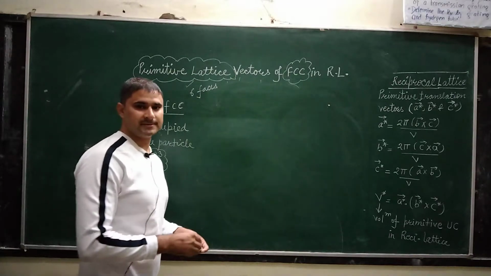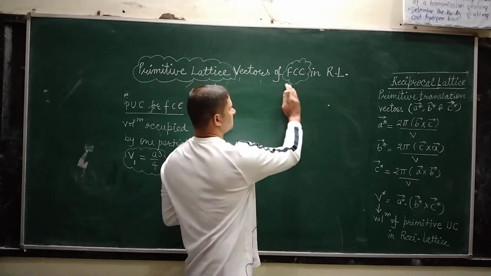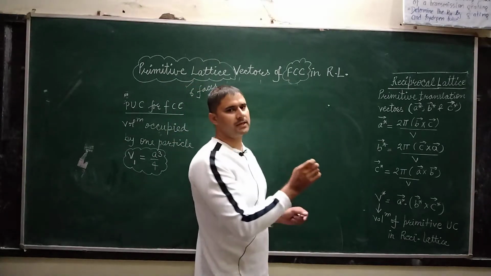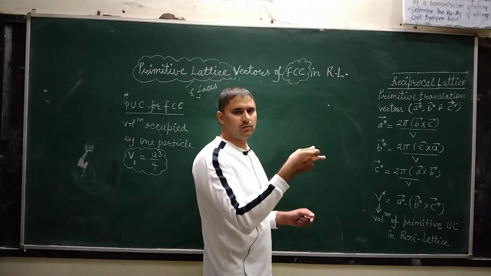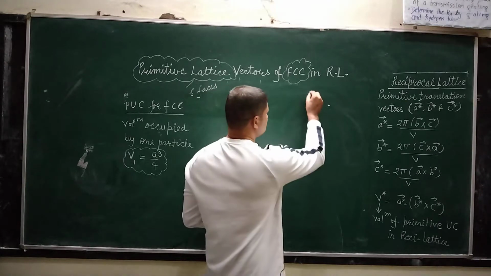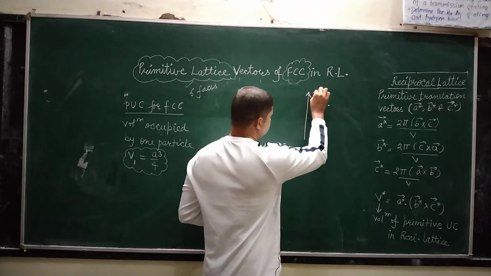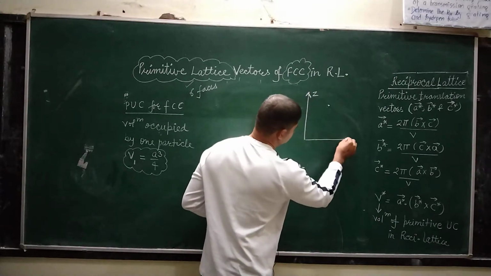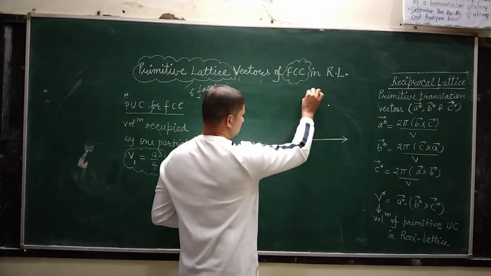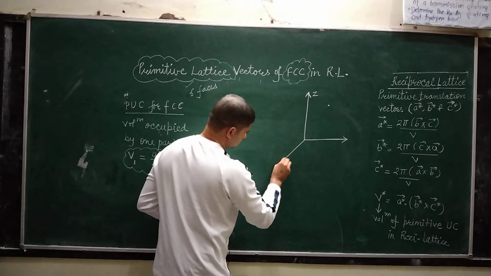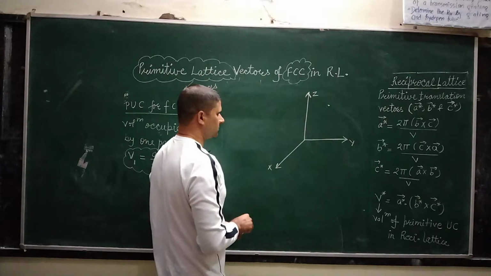Now see, give me chalk, sir. Okay class, so firstly I will make again FCC and its faces along the XY plane, YZ plane and ZX plane. So firstly I will draw directions here, and here is the Z axis which is taken in the upward direction, then X and Y axes are there, okay.